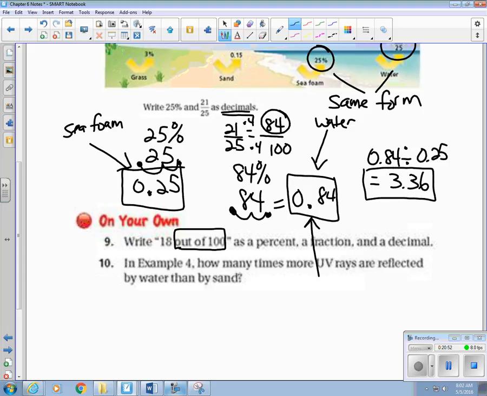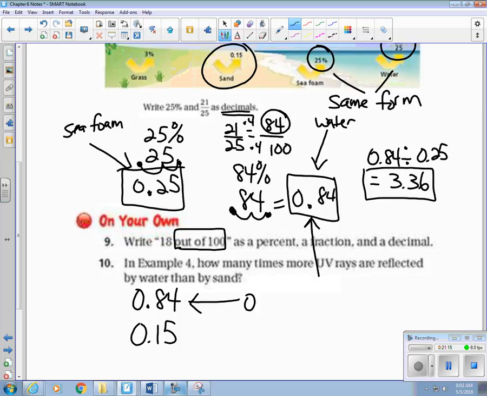So I know that water reflects 0.84 of the UV rays. Sand, it gives it to us in a decimal form already. So sand is 0.15. So in order to figure out how many times more this number is compared to the other number, we're going to divide them.